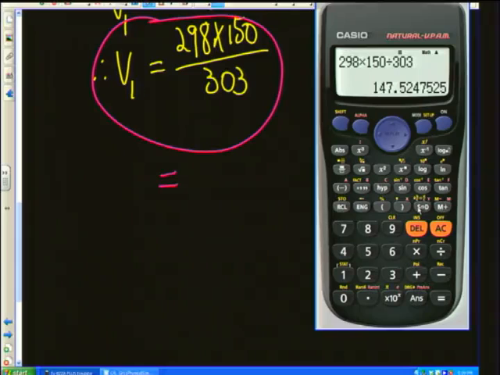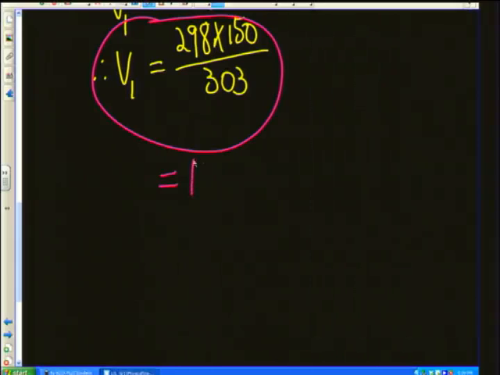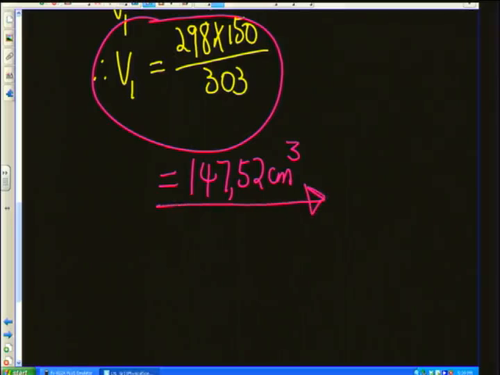The answer works out to be 147.52 cubic centimeters. Oh, what a cubic centimeter value is that? So cubic centimeters. Now, that is the answer for that one.